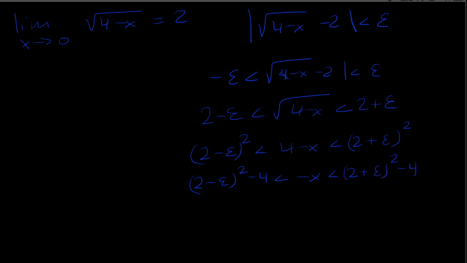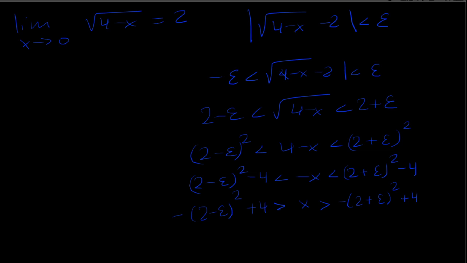The last step is you want to get x by itself. Here I have negative x, so I'm going to multiply everything by negative 1. So I'm going to have negative times the quantity 2 minus epsilon squared plus 4. And now because I'm multiplying by a negative, the inequality switches. And we just apply the negative again.